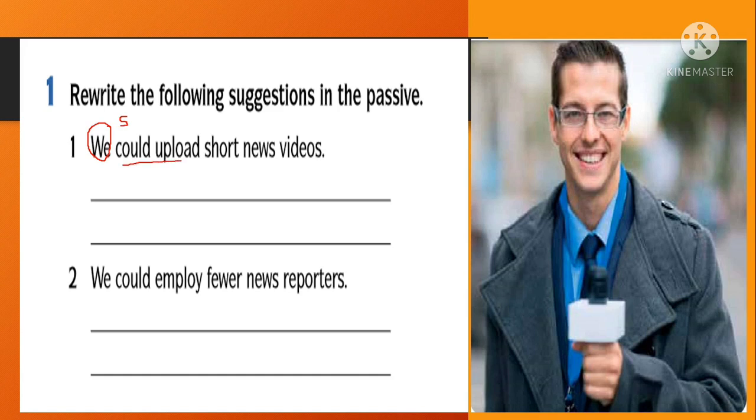Could upload should be the verb. And this one, short news videos, is actually the object. Alright, so in this case, how are you going to rewrite it in the passive sentence?